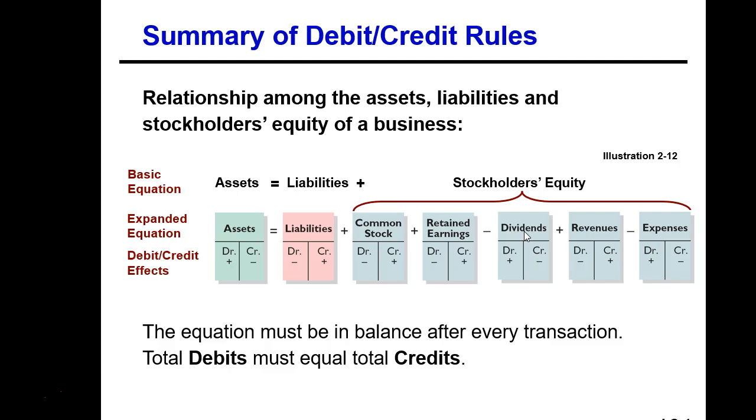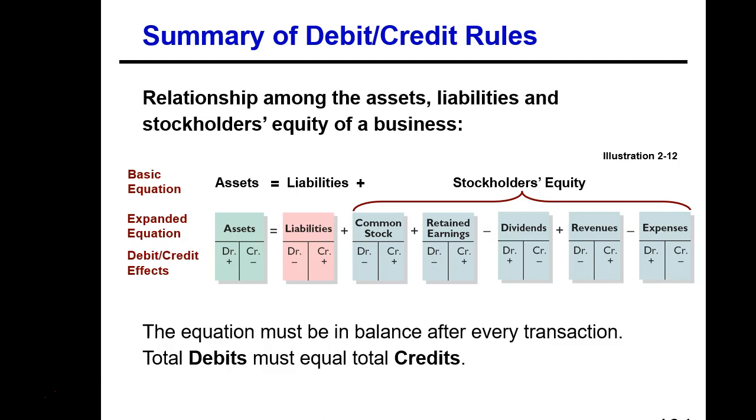Dividends increase on the debit side, decrease on the credit side. Revenue accounts increase on the credit side, decrease on the debit, and your expenses increase on the debit side, decrease on the credit.